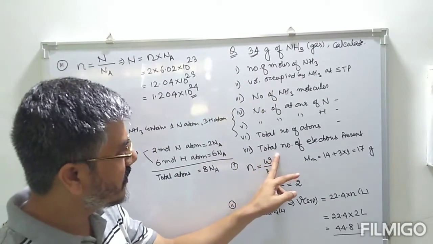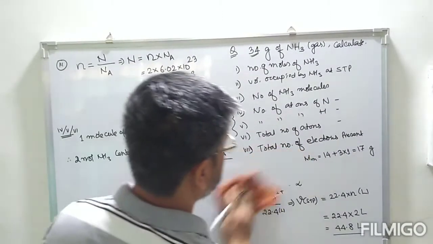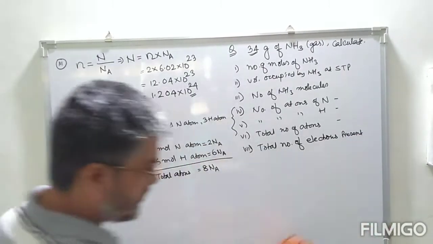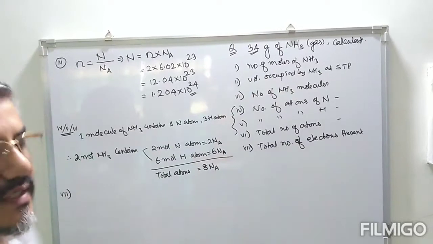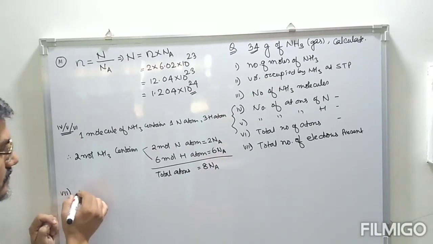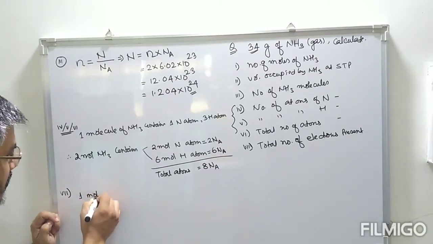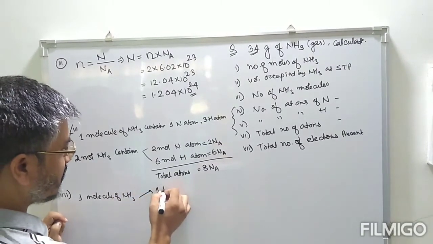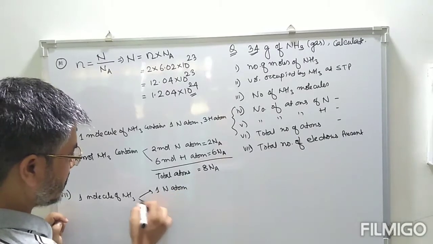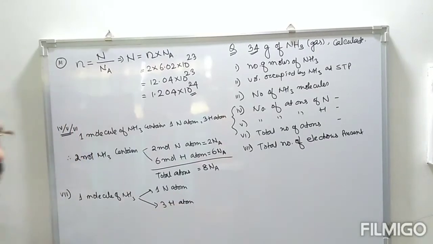Then we have the total number of electrons present. Let's see how to define this number of electrons. Again, we have this formula, that is NH3. Look at this, one molecule of ammonia contains one nitrogen atom and 3 hydrogen atoms.